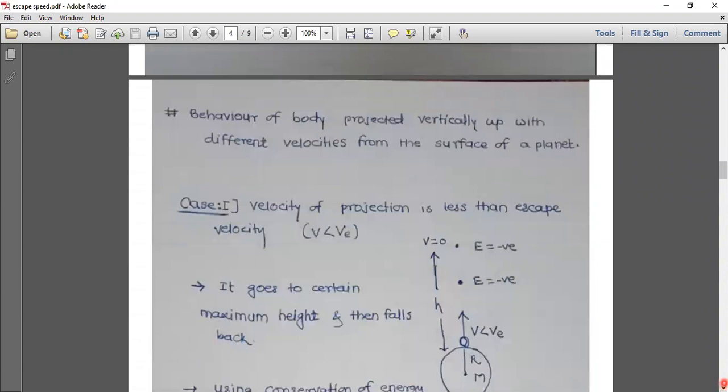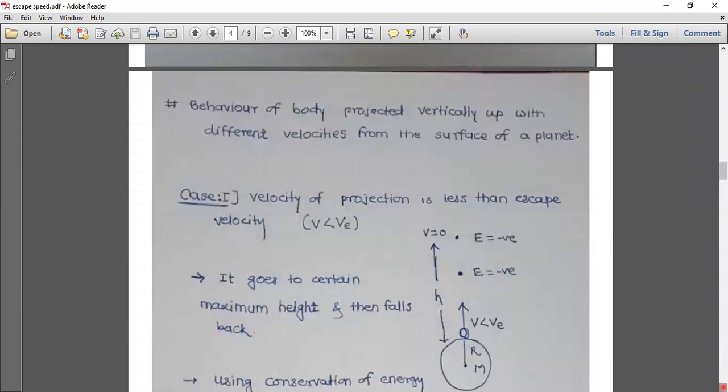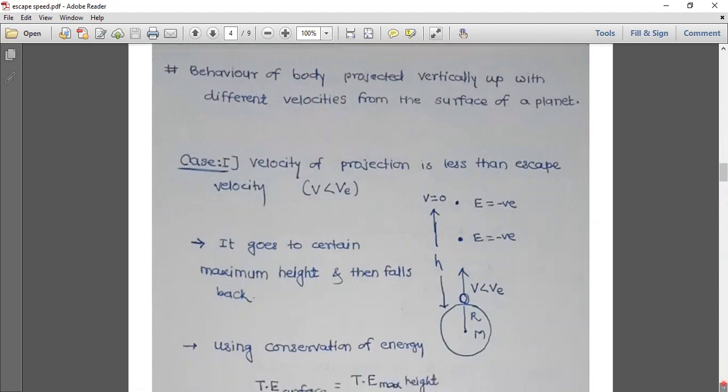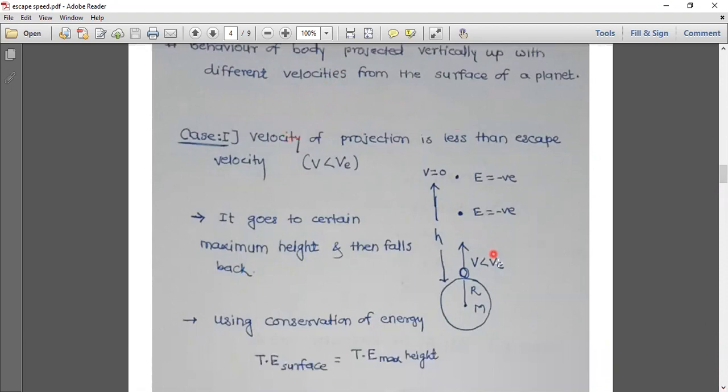Now, when we are projecting any body vertically up, how does it behave in different conditions? So we have kept some conditions. First case I am taking, you can see here. See, this is a planet whose mass is m and radius is r, and this is a body which I am projecting from the surface.